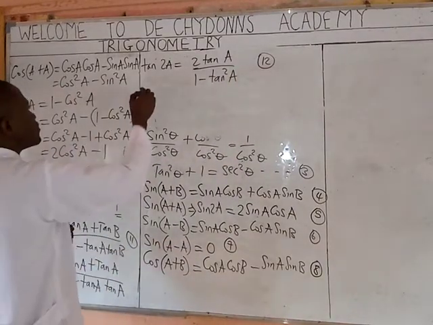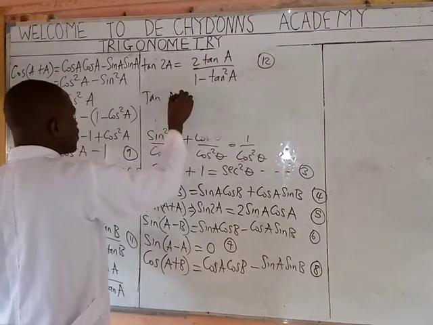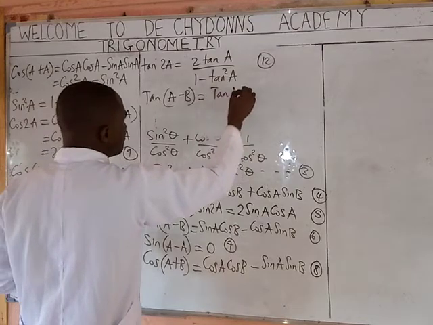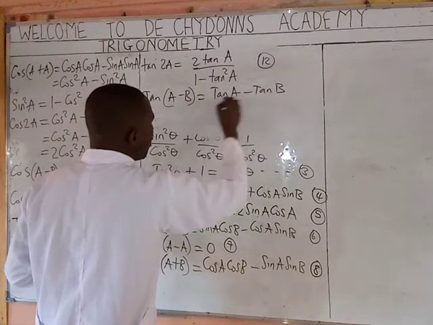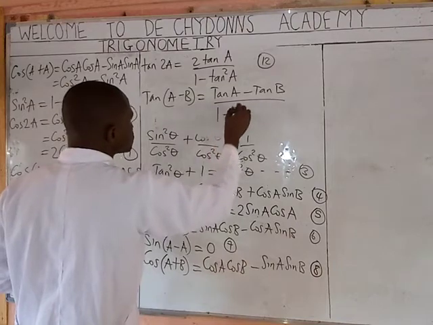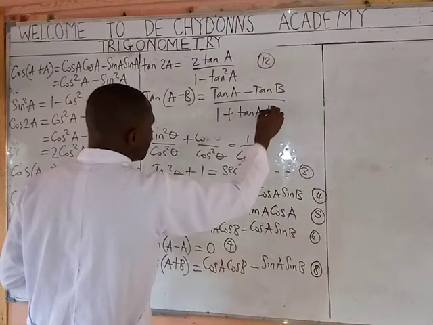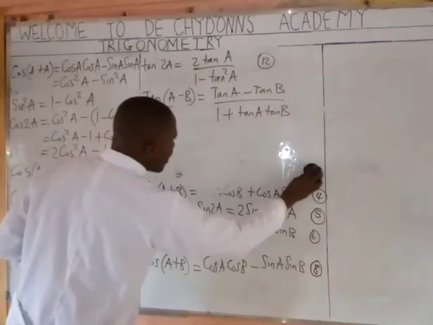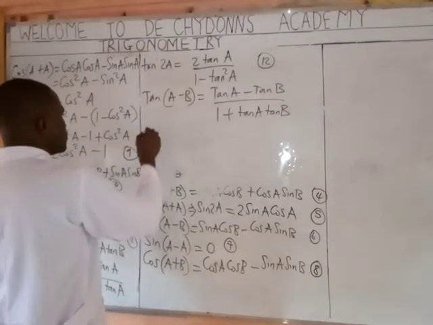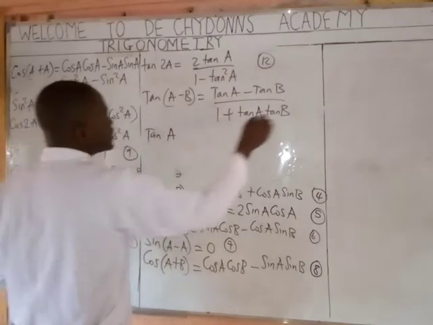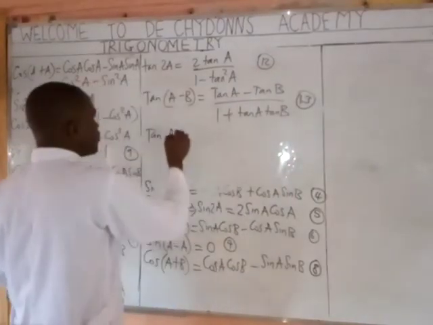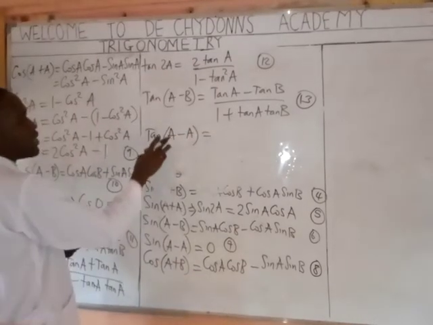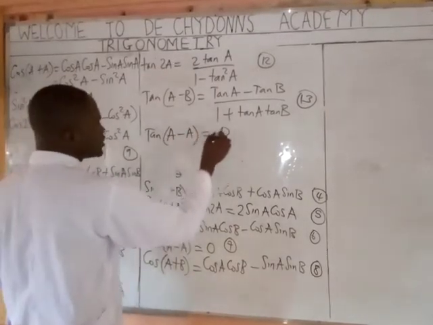We come again. Tan(A minus B) is equal to tan A minus tan B all over 1 plus tan A tan B. This is equation 13. That tells us that when you have tan(A minus A), that is tan 0, which is 0.